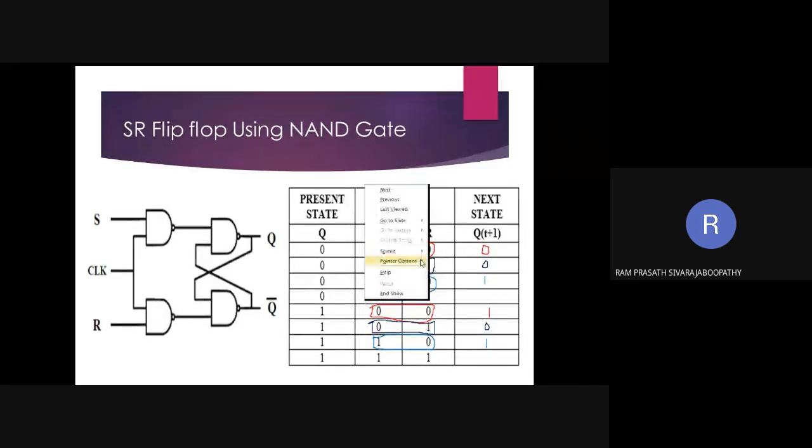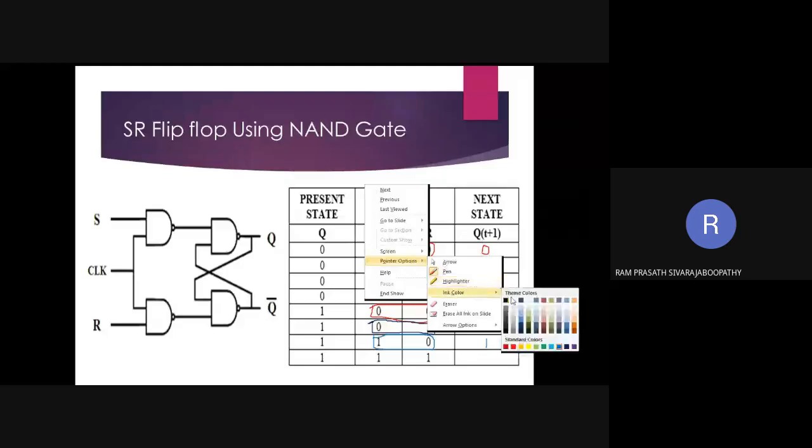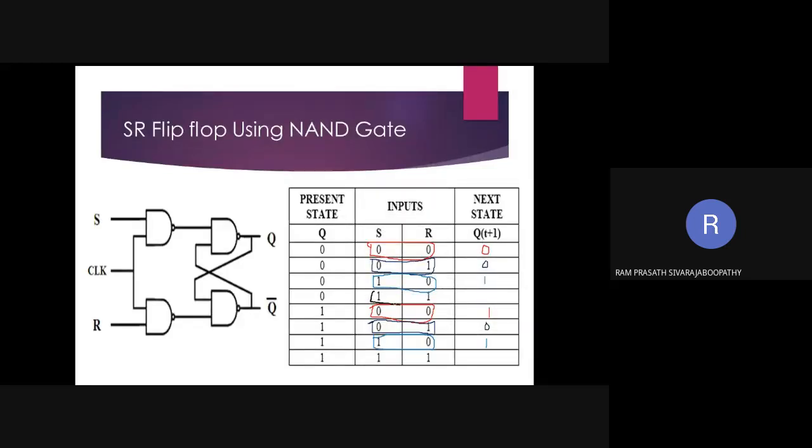The last one is the 1 1 combination. What do we call this? Invalid or indeterminate output. Indeterminate.